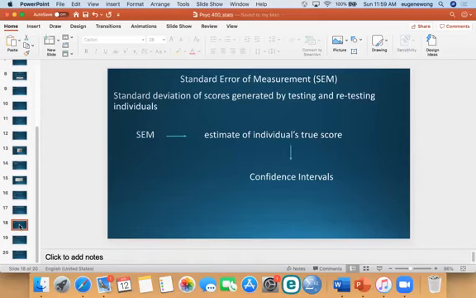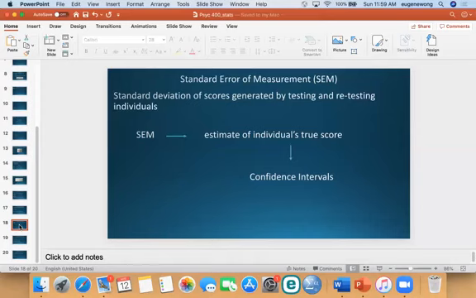So if you're thinking about the quality of a test, you would want the standard error of measurement for some tests to be as small as possible. In other words, the scores don't spread out much when we test and retest people.